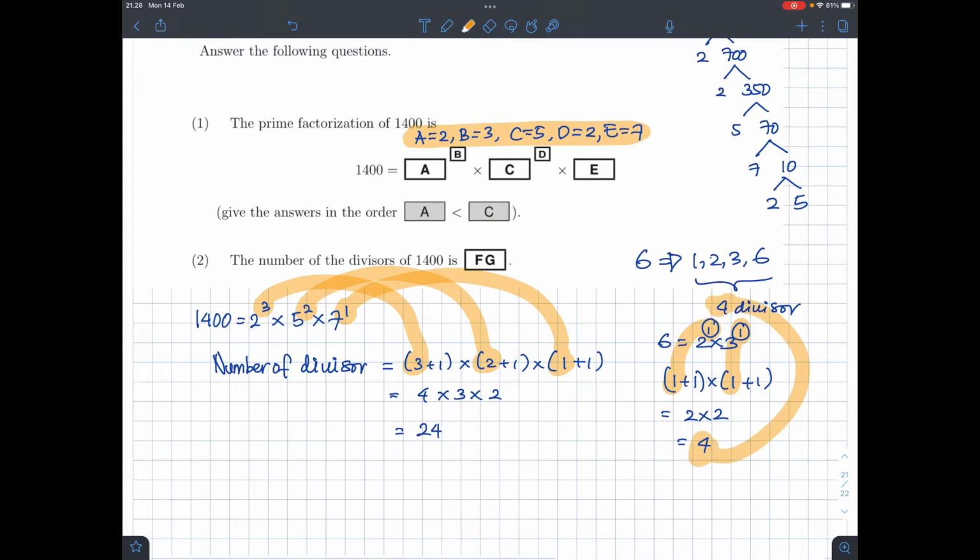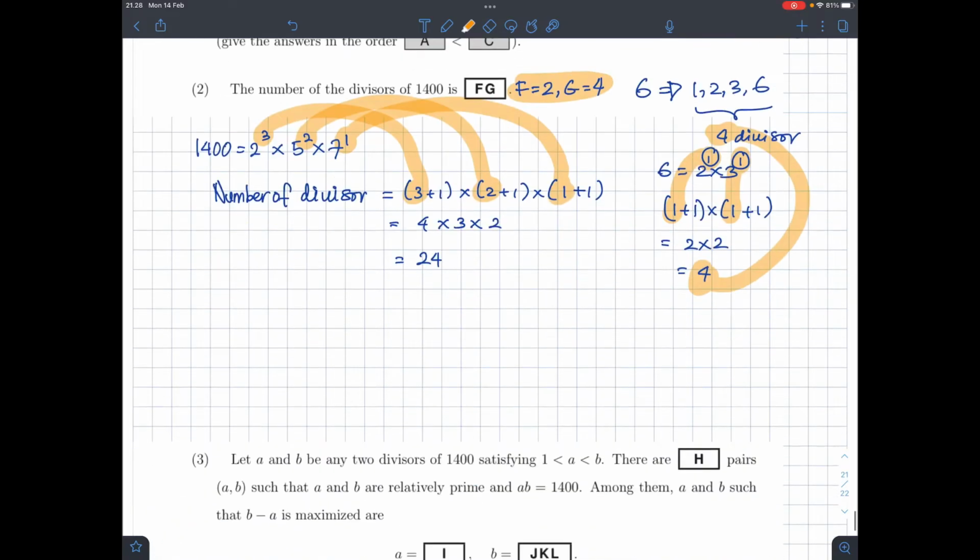You can check with another number. So here it is 24. F becomes 2 and G becomes 4. Let's continue to the third part.